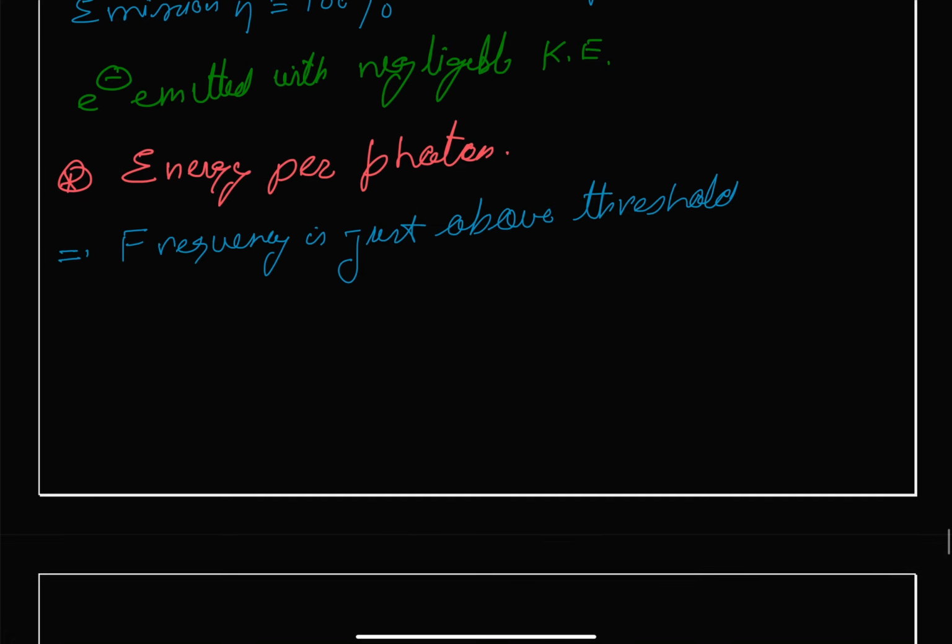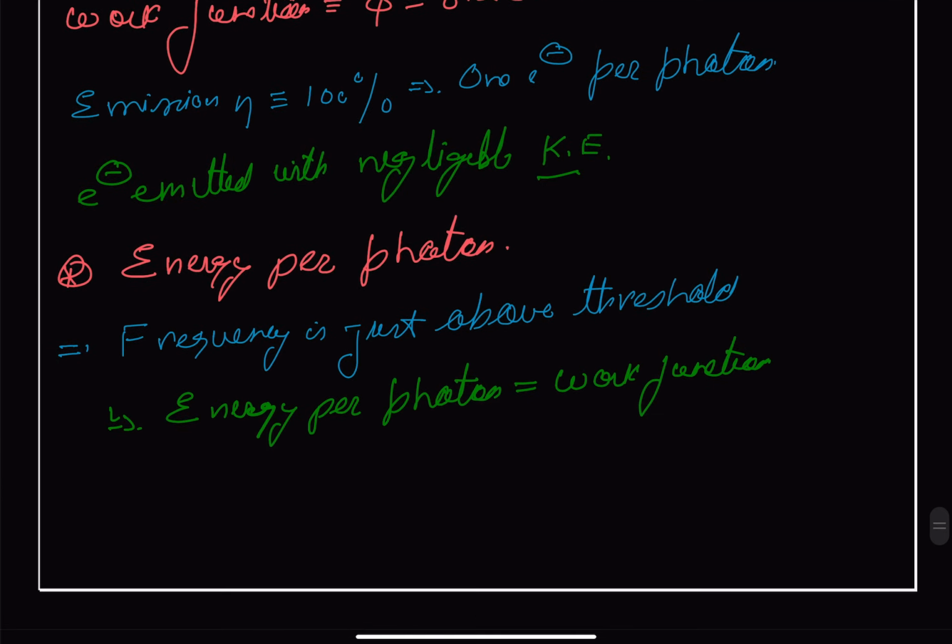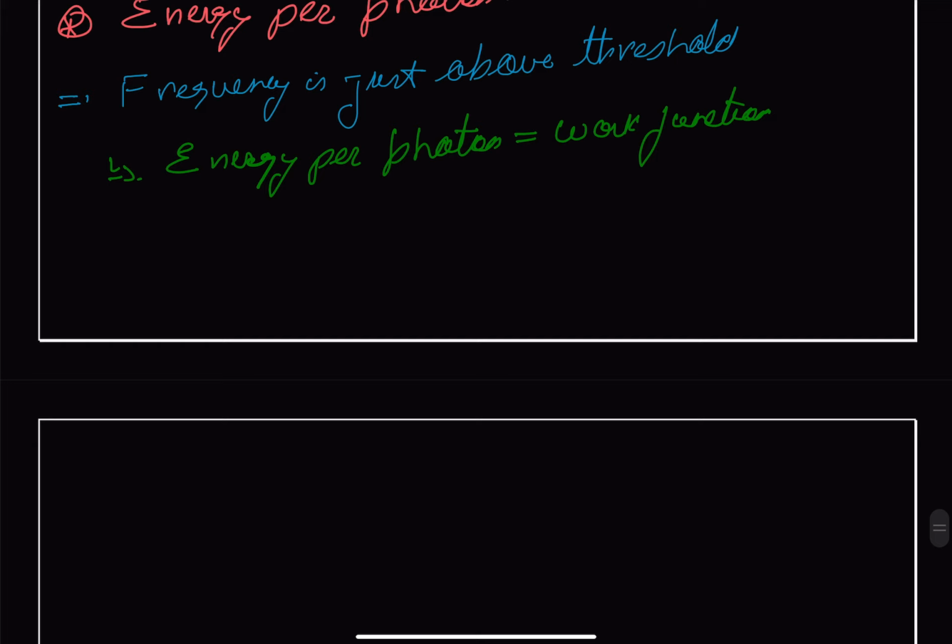Therefore, from here we can derive a conclusion that energy per photon is equal to our work function. Or indirectly also, the kinetic energy is approximately negligible. So from there we can also derive this conclusion.